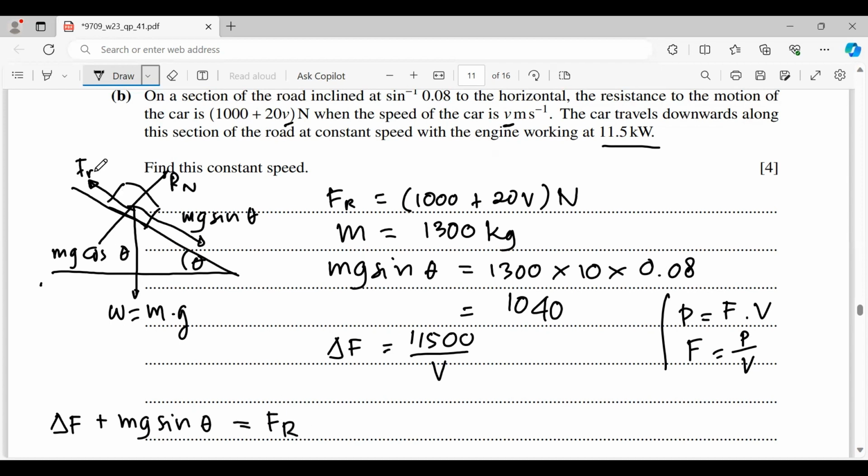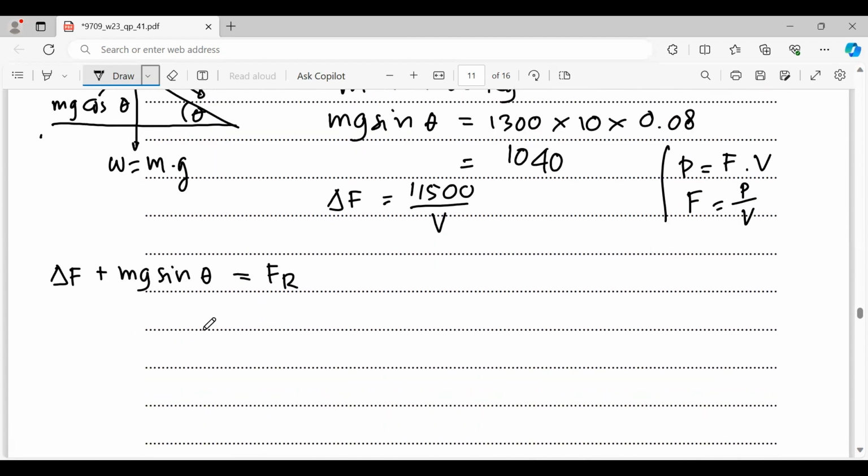So Fr is upwards, and this one is downwards. So you're going to find these expressions downward and these expressions upwards, the force upwards and the force downwards.